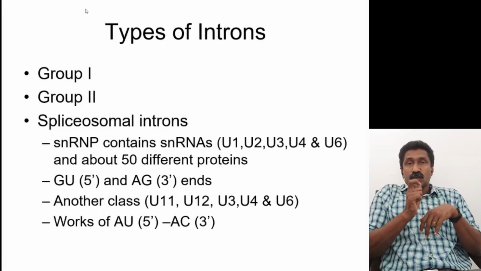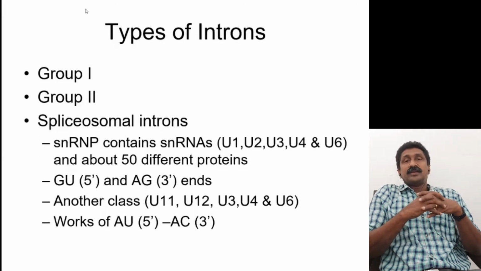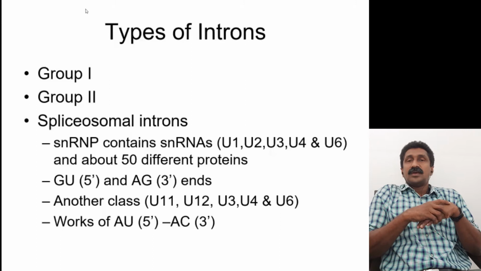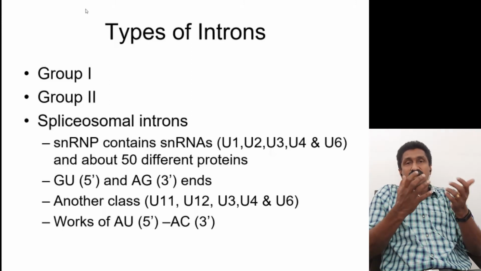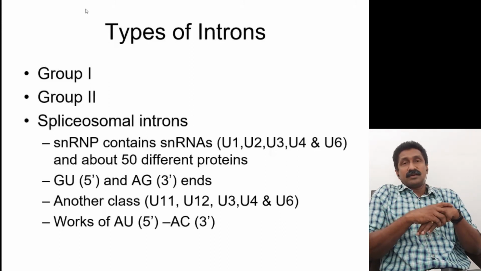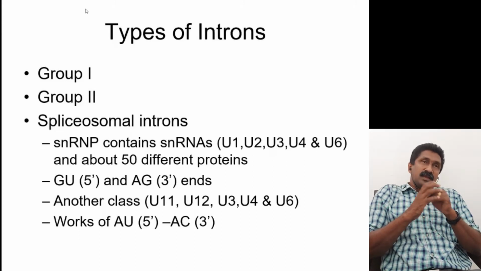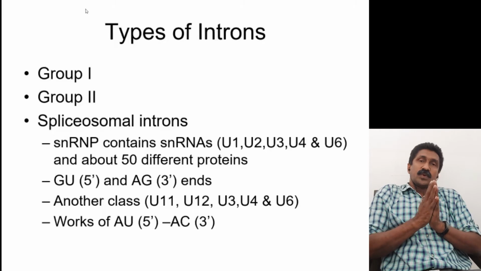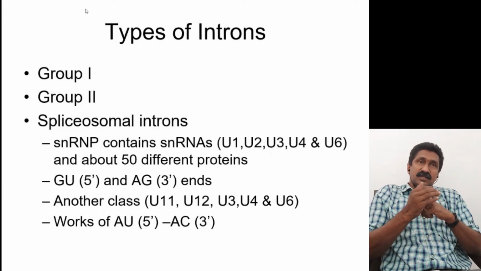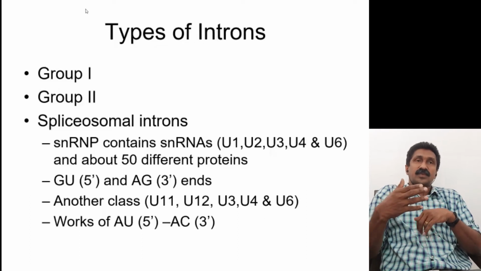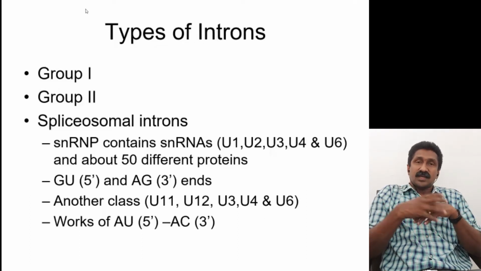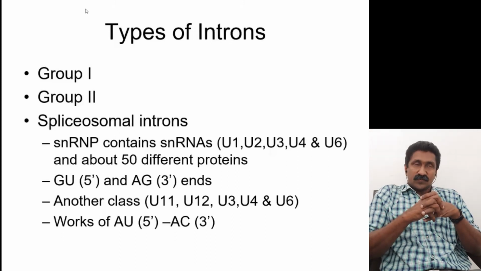Group 1 and group 2 introns don't require the mediation of protein or RNA spliceosomal support for their removal. So group 1 and group 2 introns are self-splicing, whereas the spliceosomal introns require the support of snRNPs and snRNAs for their removal. That's the basic difference between these two.